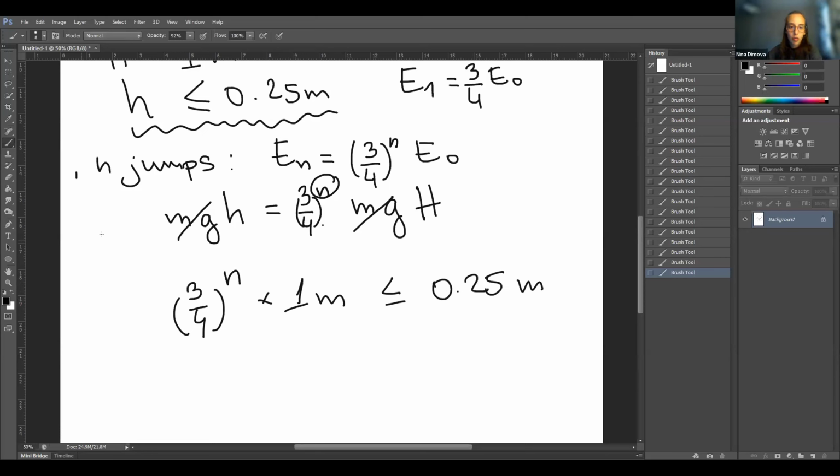And I'm substituting this just to point out that when we divide by 1 meter, the big H doesn't just disappear. We're in fact getting rid of the unit of this equation. So this is what we end up with as an equation.